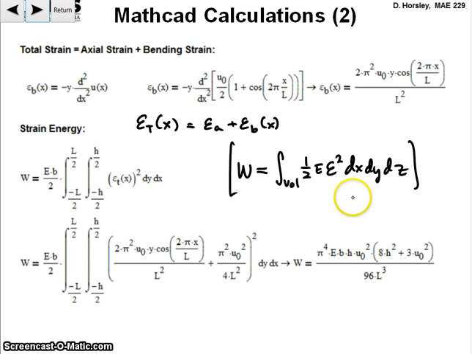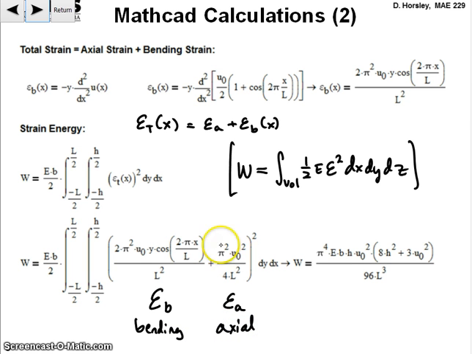Okay. So in this particular case, I integrate over y, which varies from minus h over 2 to h over 2, and x varies from minus L over 2 to L over 2. And so I plugged in epsilon b here, and here's epsilon a. So this is bending strain, and this is axial strain.